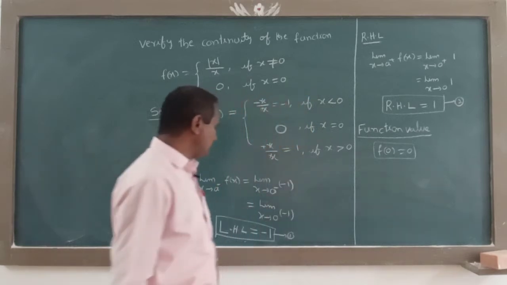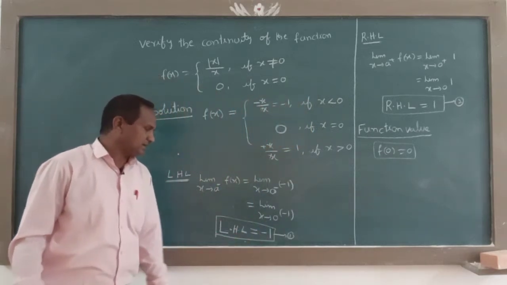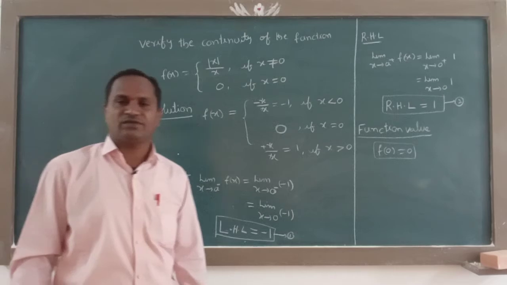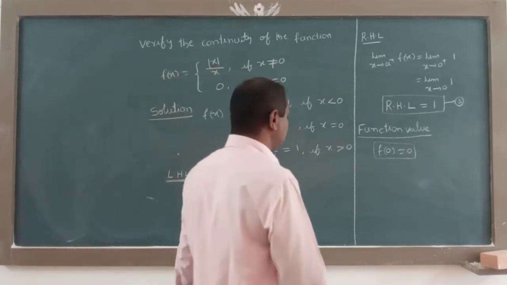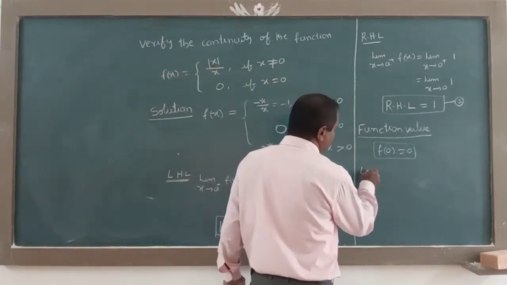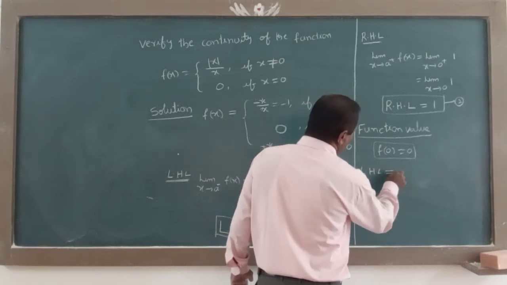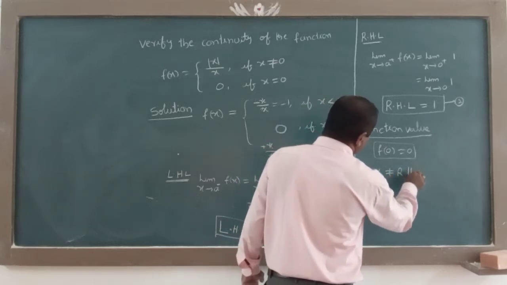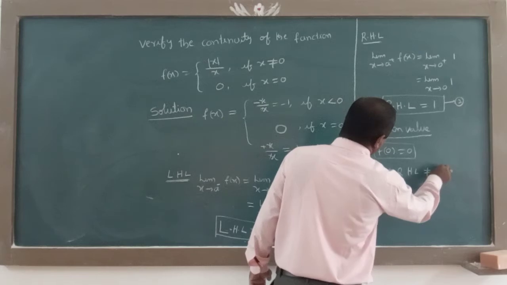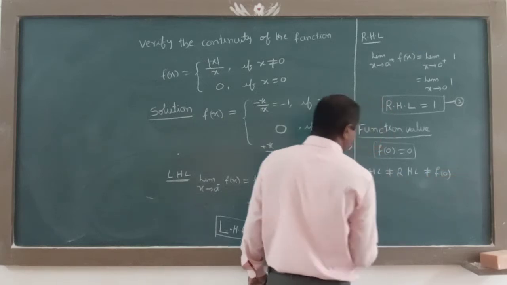But all these three are not equal. LHL is not equal to RHL, which is not equal to the function value. That is what we can tell here. LHL is not equal to RHL is not equal to function value f of 0.